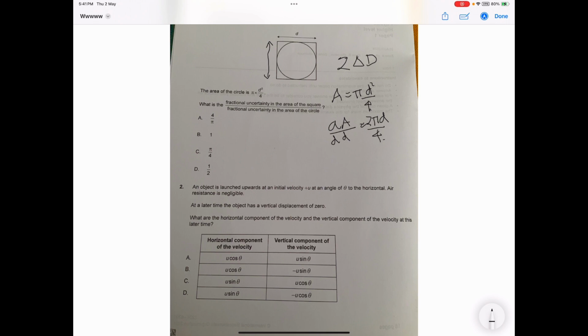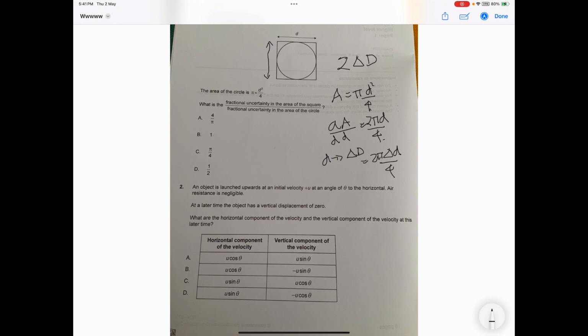But for small errors, the d here is approximately equal to delta d. So this is going to be equal to 2 pi delta d all over 4.